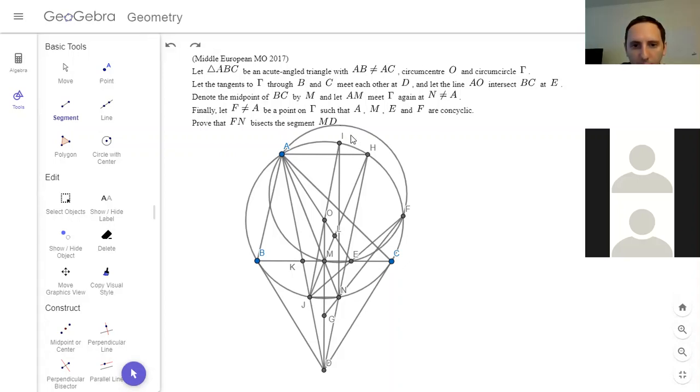So triangle JIN is a right triangle, right? And O is the midpoint of the hypotenuse. So maybe that helps a little bit. So yeah, what is AO over OE?